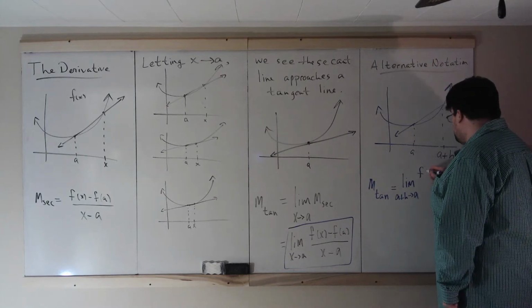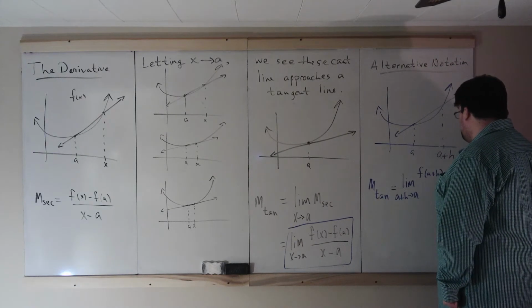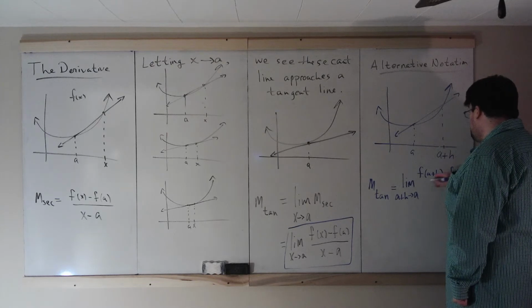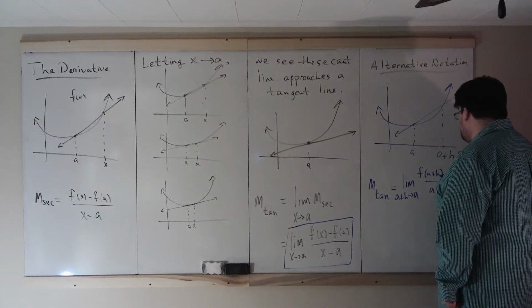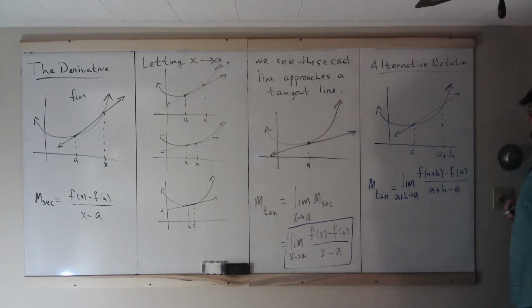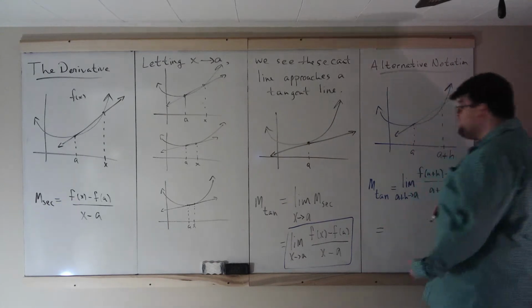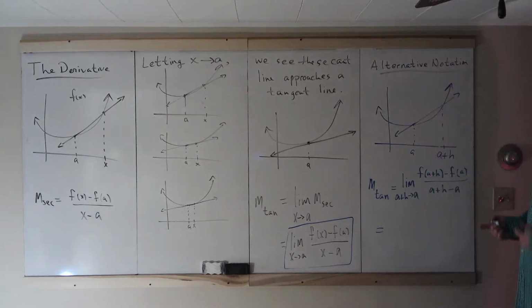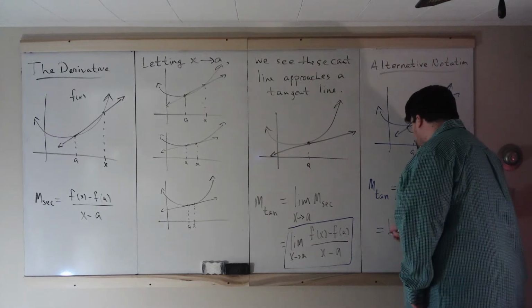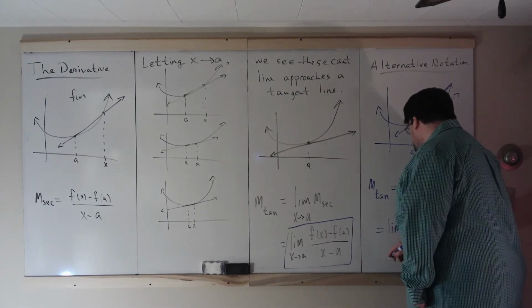Well, it's the change in y over the change in x. So the change in y, f of this value minus f of that value, the change in x, this value minus that value. And one reason that this other notation is useful is because this limit simplifies kind of nicely.